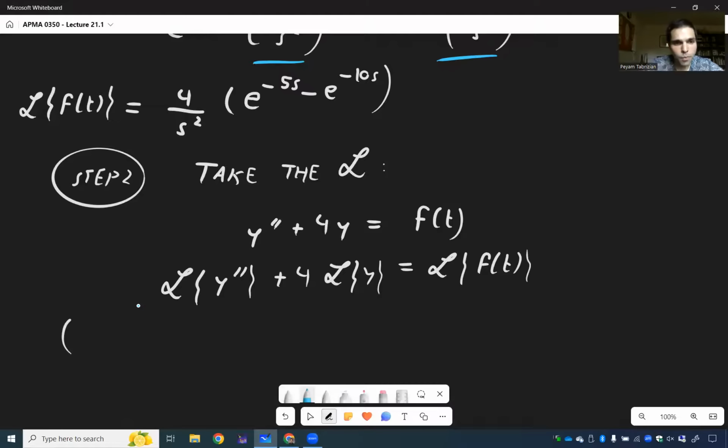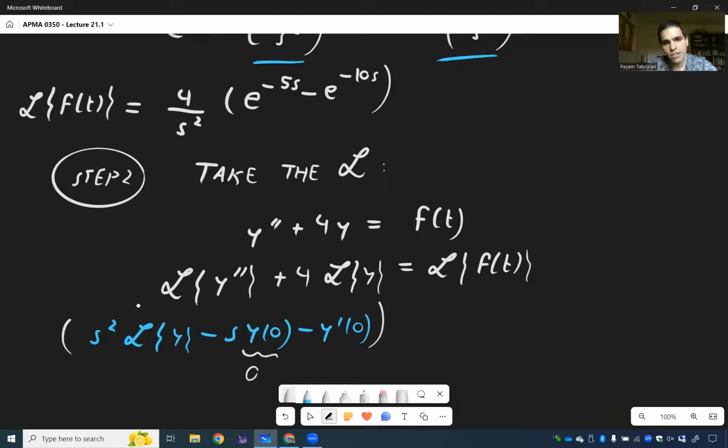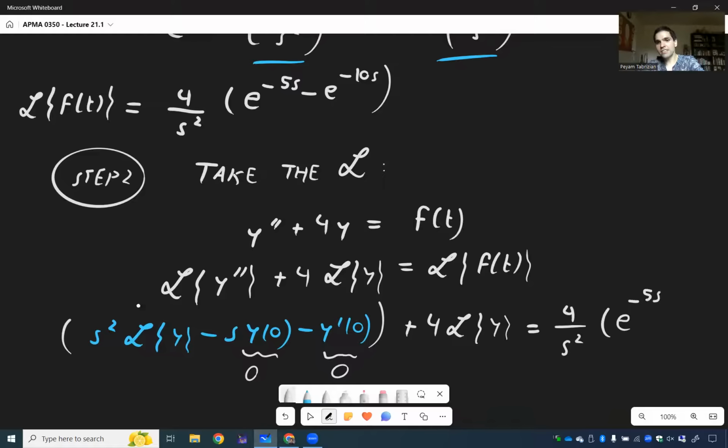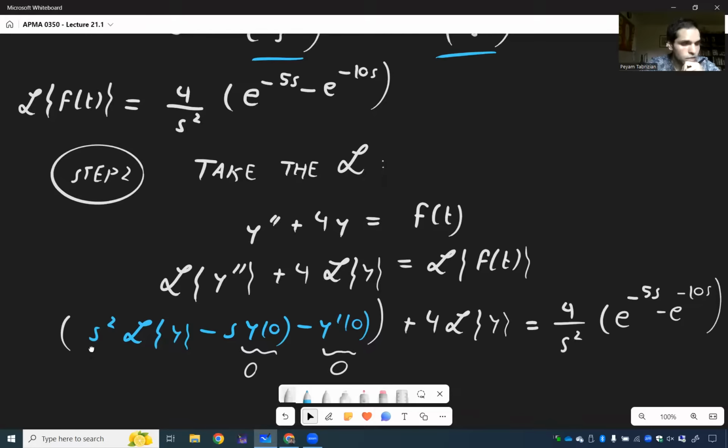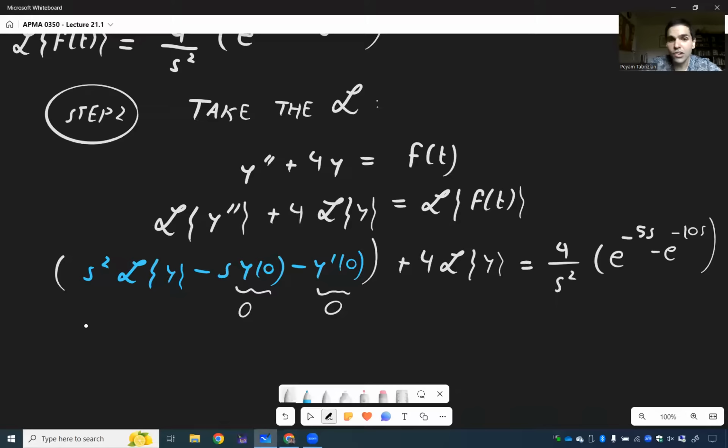So L of y double prime becomes s squared L of y minus s y of 0 minus y prime of 0. I like to remind you, we have 0 initial conditions, plus 4L of y. Laplace of f, we just found. So I believe 4 over s squared, e to the minus 5s, minus e to the minus 10s. So if you want, again, you can factor out L of y, and you get s squared plus 4.